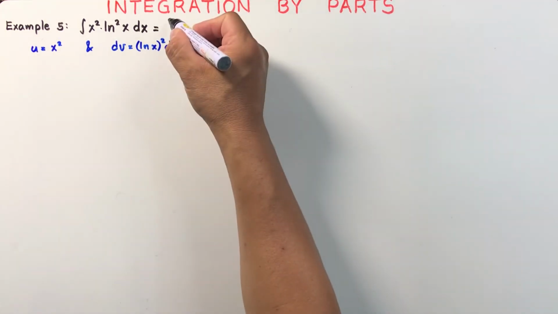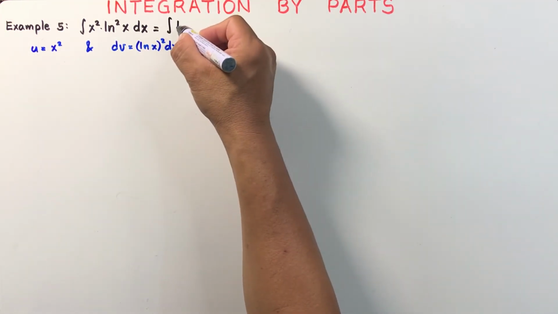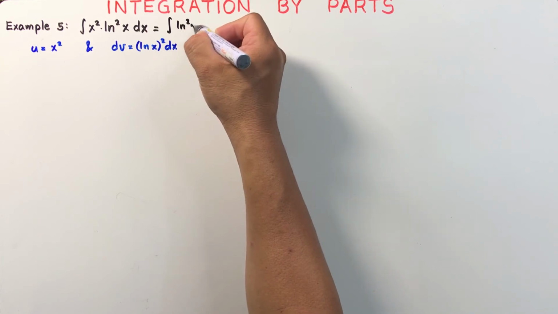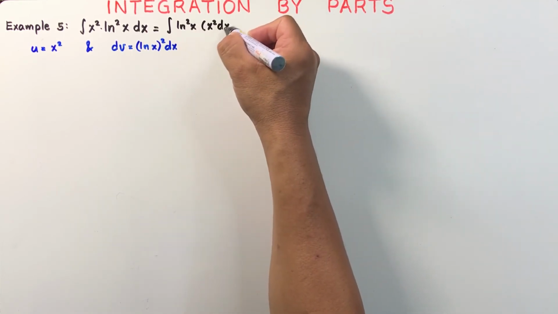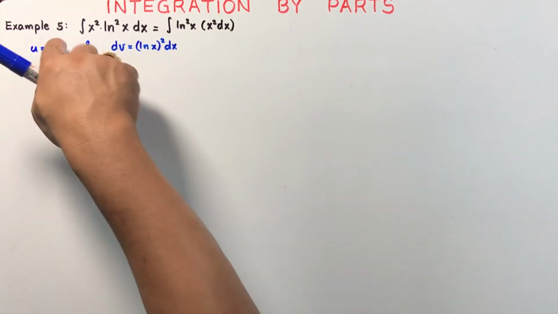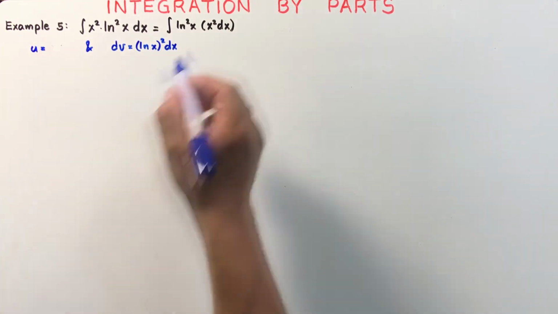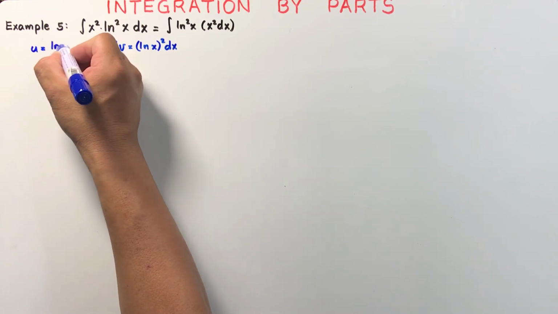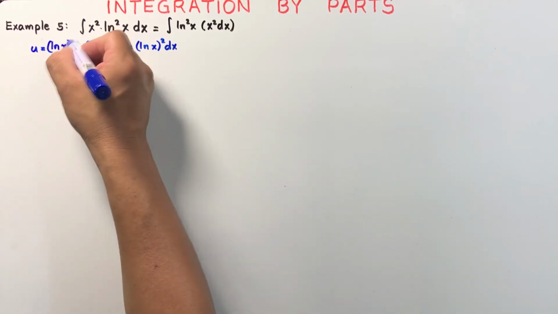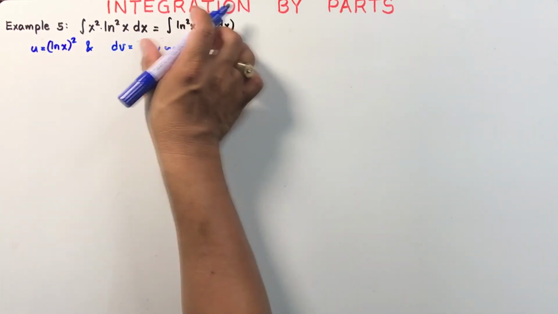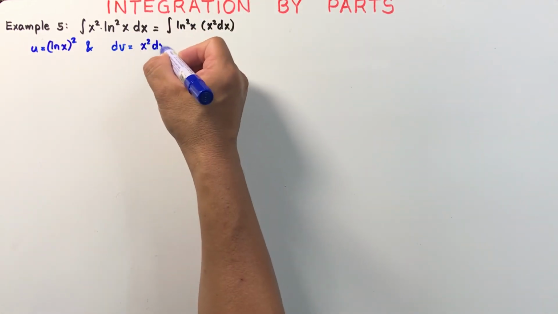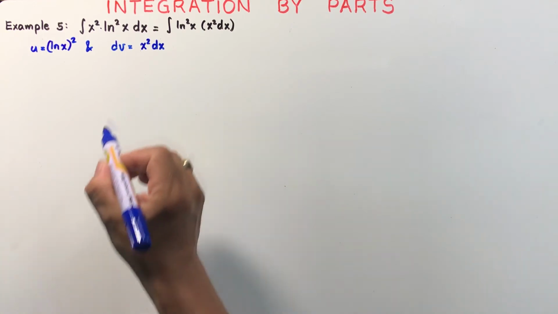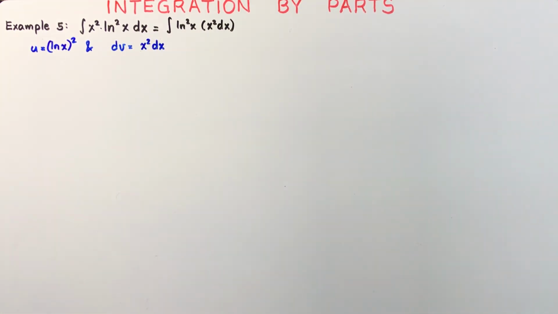So rewriting our integrand as ln squared x times x squared dx, our u is now the square of ln x and our dv is x squared dx, because we can easily integrate x squared dx.